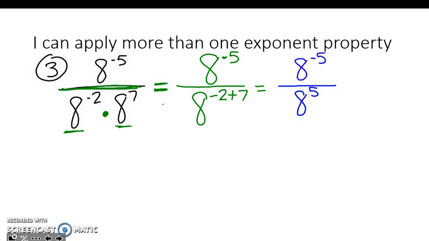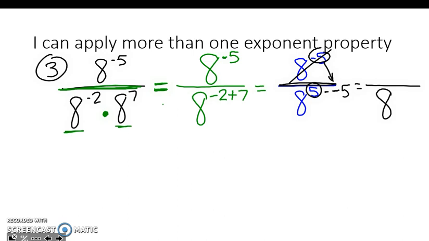Okay, so now we have the quotient rule where if they're being divided and they have the same base, we're going to subtract the exponents. Okay, so since this one's larger on the bottom, I'm going to take 5 minus the -5. Guys, notice my math problem is now on the bottom of my fraction bar.